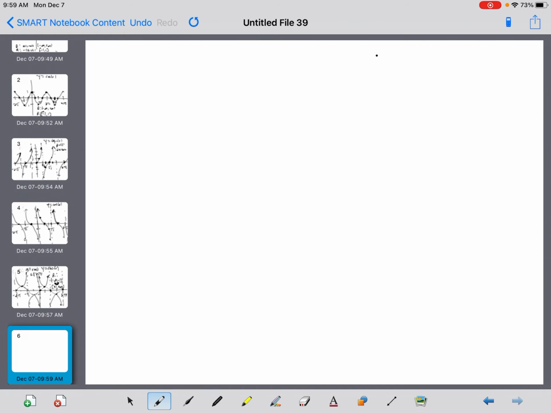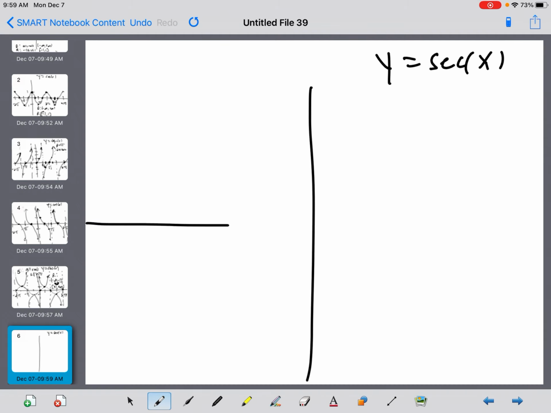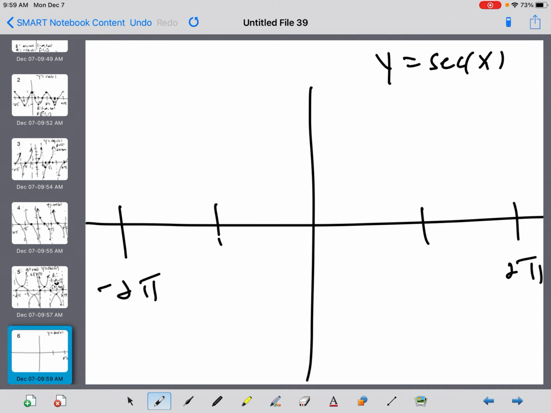The last one is the secant graph. So we trace the cosine. So cosine starts here, pi over 2, pi, 3 pi over 2, 2 pi.